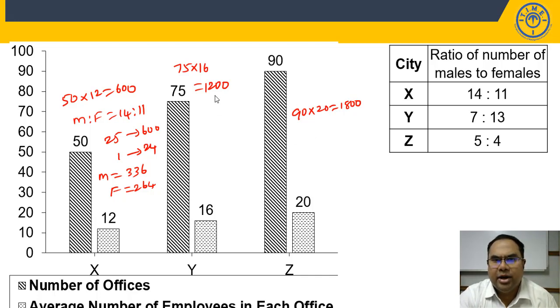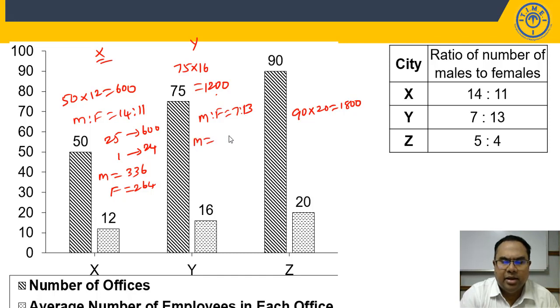Similarly, I can look at this Y. What is the ratio of male and female? 7:13. Number of males will be 7 by 20 into 1200, 420.